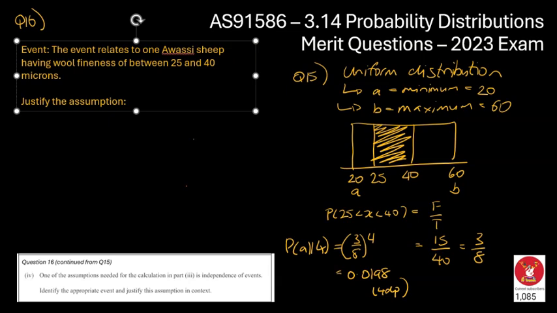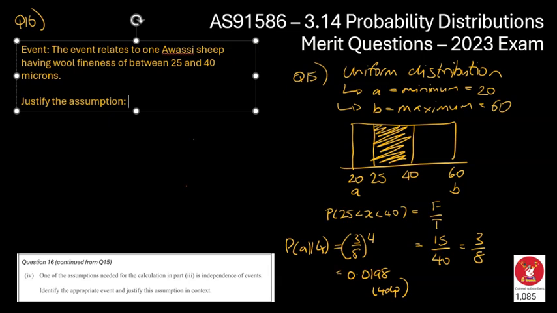Because a lot of the sheep will be related, a lot of the sheep as a result will have wool fineness of a similar micron. So that means they're not really independent, they're not really random. There's something else going on here. The genetic makeup of this family of sheep is impacting the wool fineness.